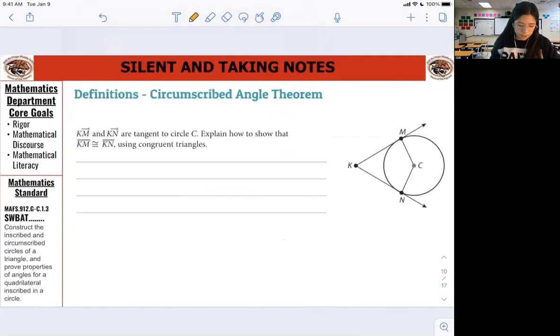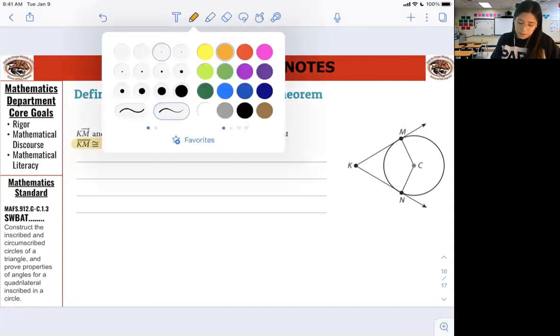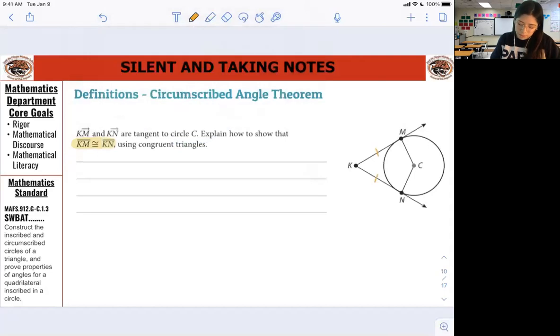Okay, here's a question. KM and KN are tangent to circle C. Explain how you can show that KM is congruent to KN. So they're telling us that these two lines are congruent, KM and KN.